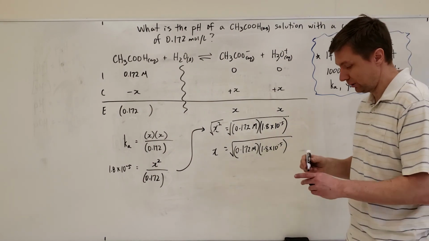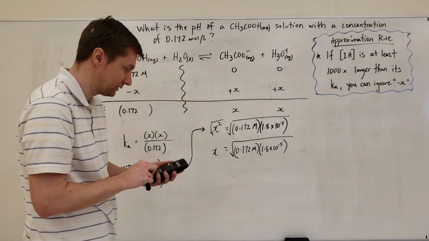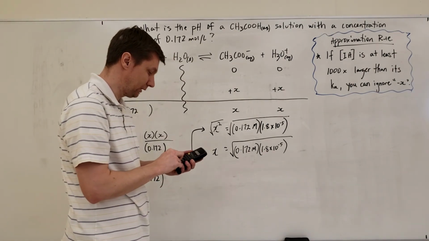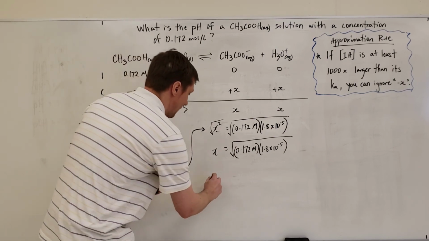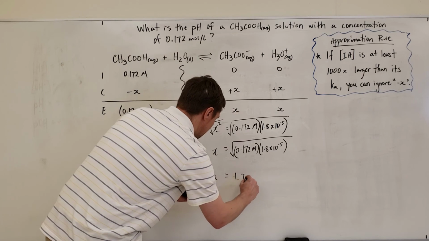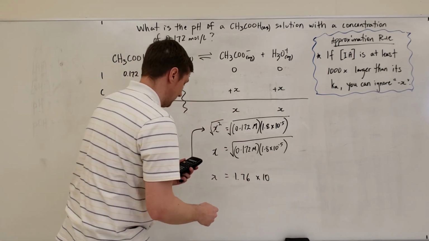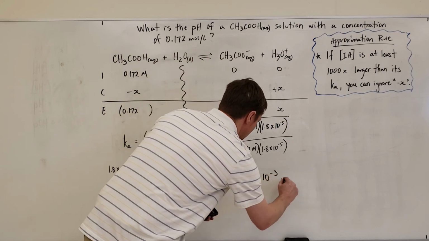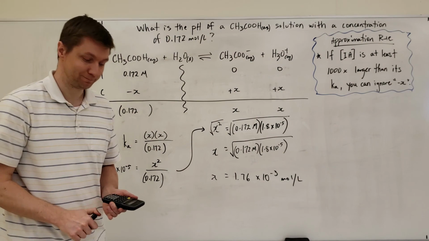Now, I can plug this into my calculator, and that gives me x equal to 1.76 times 10 to the negative 3 moles per liter.